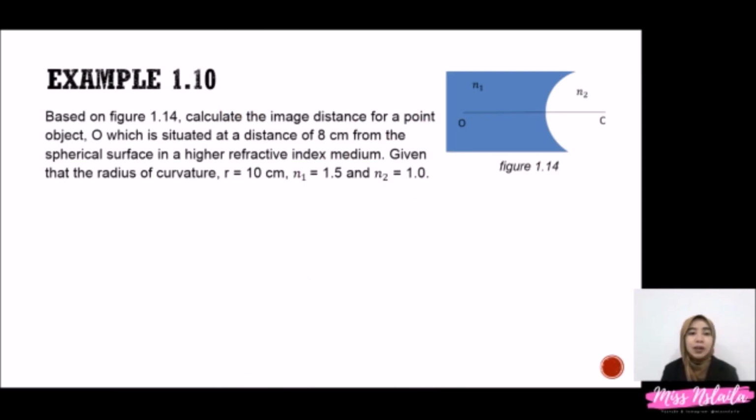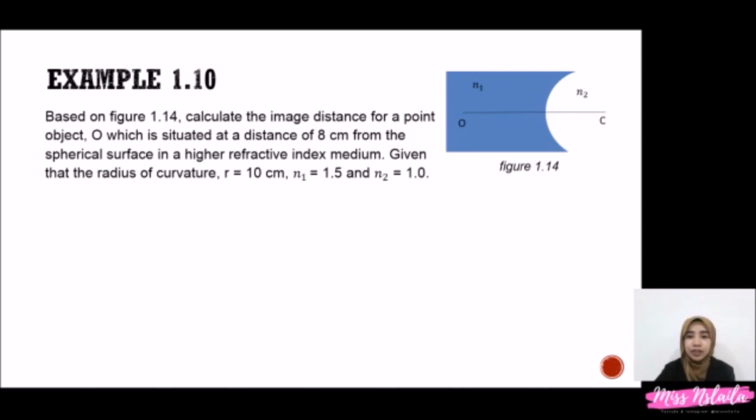Next example, 1.10. Based on figure 1.14, calculate the image distance for a point object O, which is situated at a distance of 8 cm from the spherical surface in a higher refractive index medium. Given that the radius of curvature is R equal to 10 cm, N1 refractive index equal to 1.5 and N2 equal to 1.0.